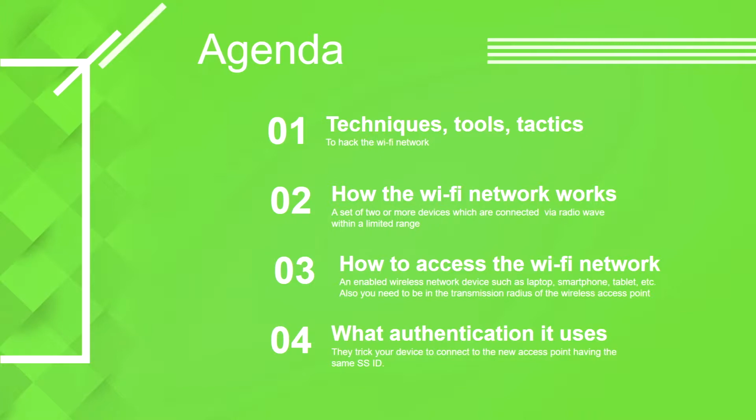Again, just to recap, a wireless network is a network that uses radio waves to link devices and computers, for example, together. The implementation of such a network is done at layer 1, which is the physical layer of the OSI model.